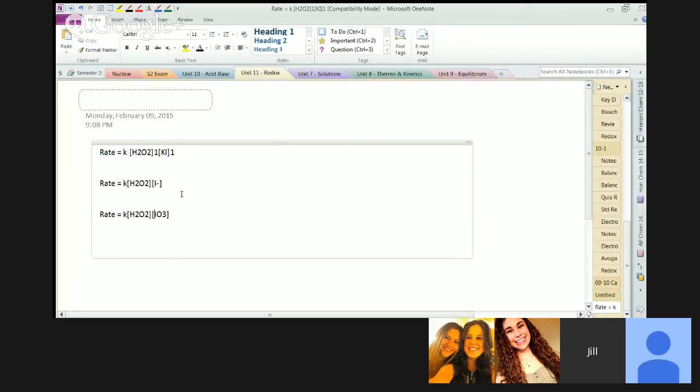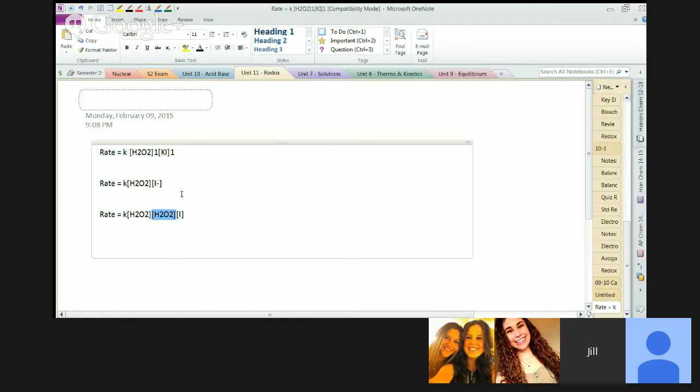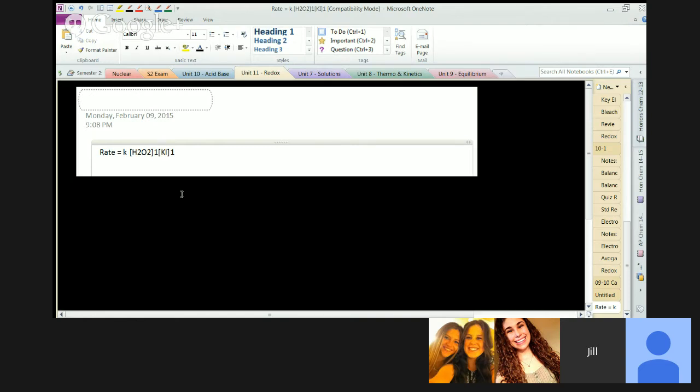And if the first step that makes the IO3 is a fast step, that means any stuff you put in to make it will immediately turn into IO3, enough to make it react with the H2O2 in the slow step. So you go back to your previous step that made the IO3 and ask what went into making it. In this case, it was H2O2 and I minus. So you replace IO3 with what made it. Oh, okay. And this would simplify into H2O2 squared times I minus.